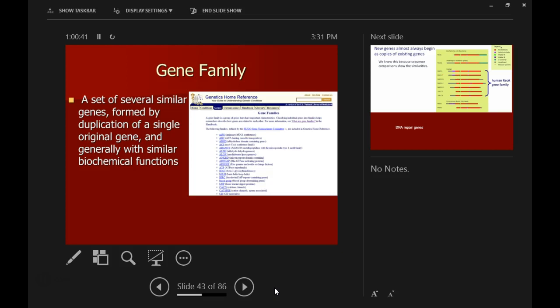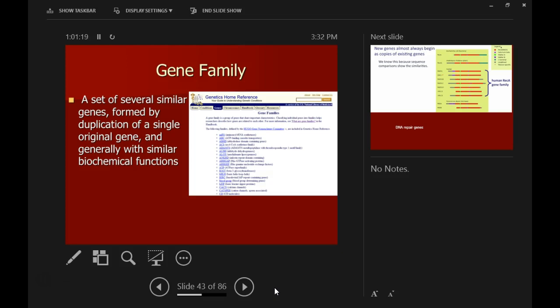And if you find them in the same family, or the same order, or within the same kingdom, you say, oh, that family must be really, really old. There must be a really distant ancestor that was the original gene, the founder gene for that particular family. Now, one of the cool things, if you go to the National Library of Medicine, you can look at this little Genetics Home Reference.